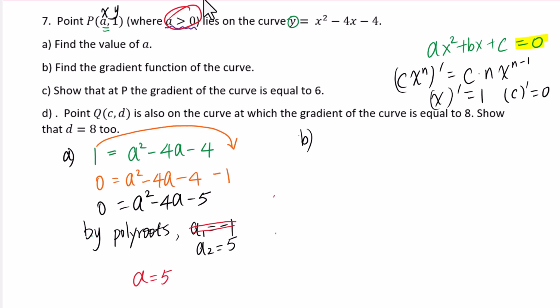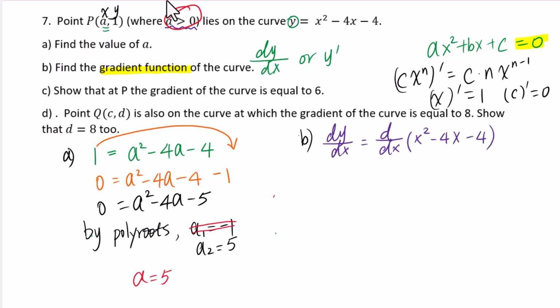Let's go to B. Find the gradient function of the curve. Gradient function means derivative. You can use dy dx or y prime. Let's use dy dx. dy dx equals d dx of x squared minus 4x minus 4.